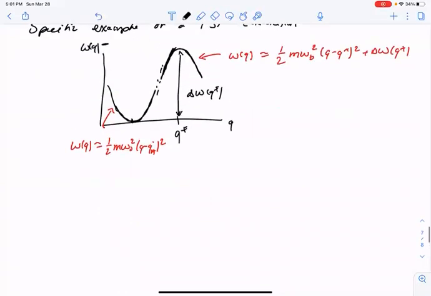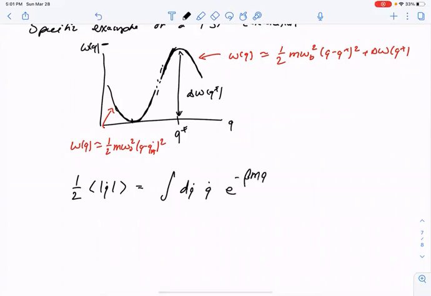So most simply, the average flux, absolute value of Q dot, thermally averaged divided by 1/2, is just an integral over Q dot, weighted by a Maxwell-Boltzmann distribution, like so, normalized, like that.